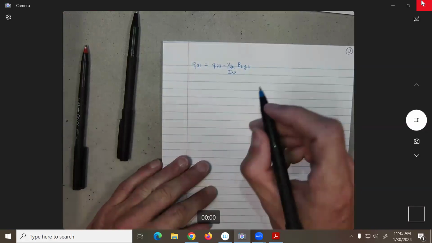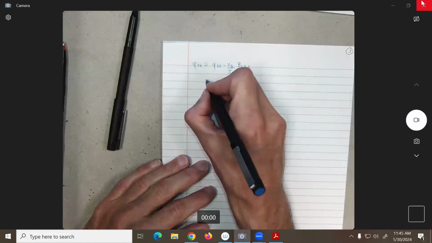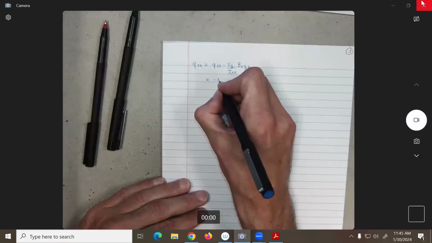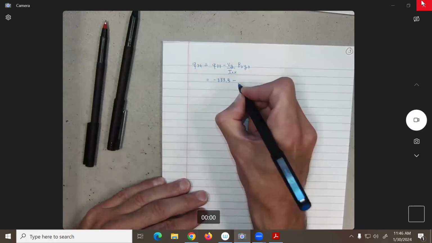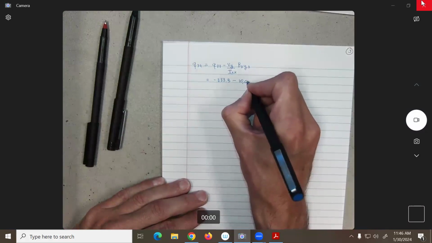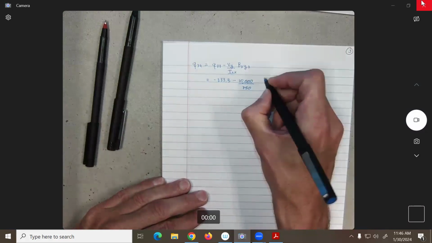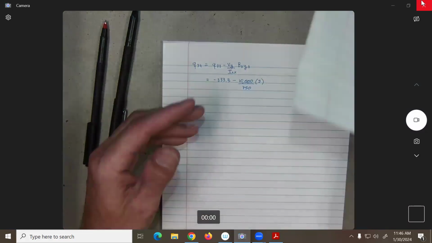So now we need to be careful because what is Q23? Minus 333.3, minus, so this stays unchanged, 10,000 divided by 750 times 5. But what is y sub 3?